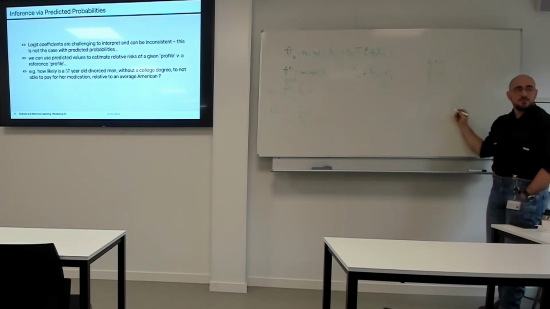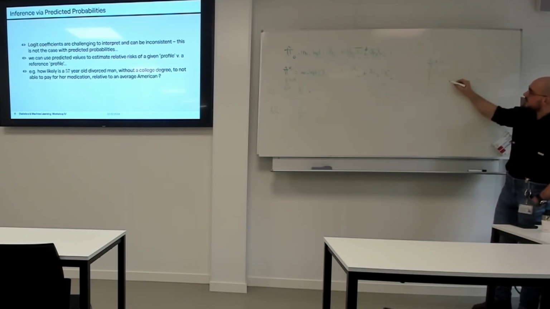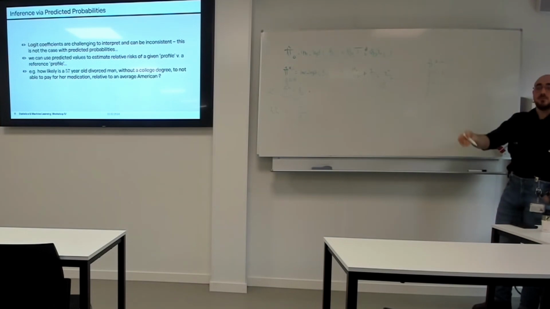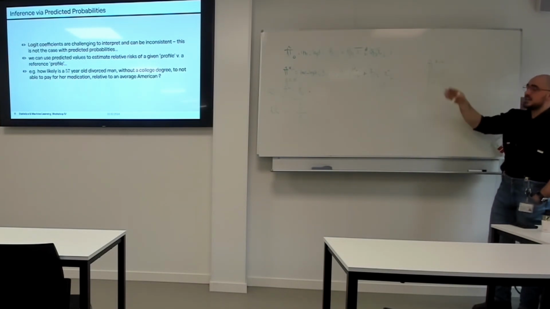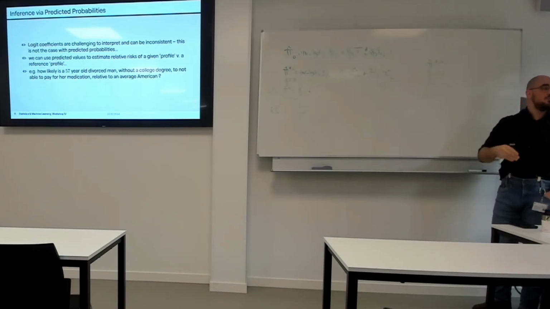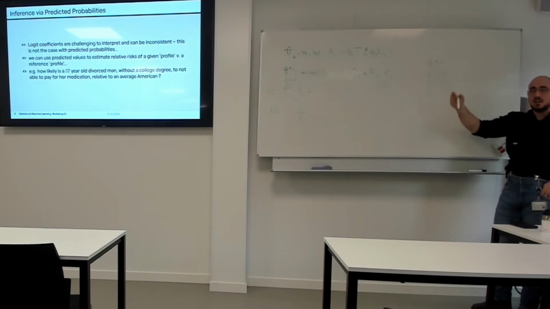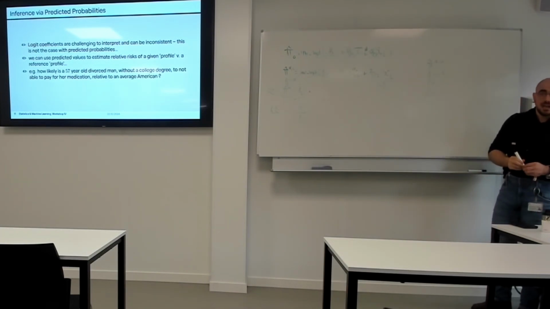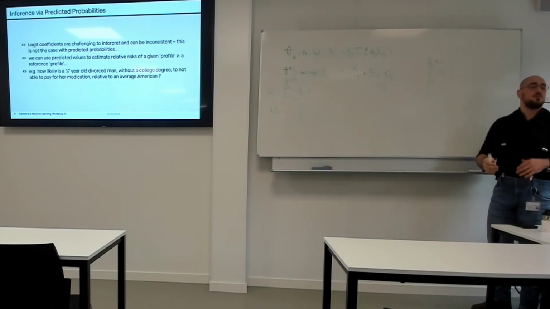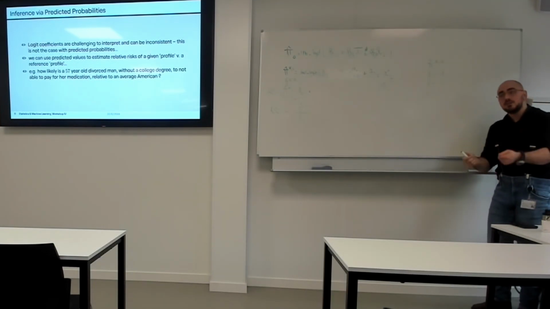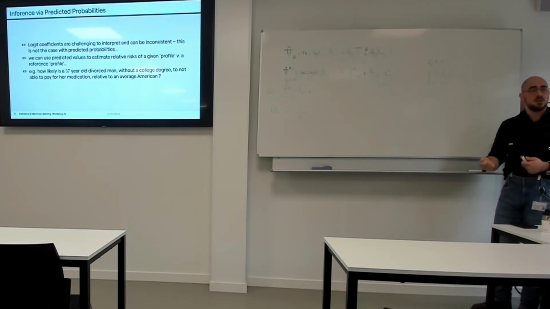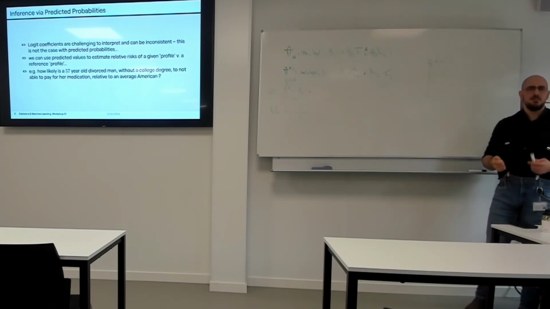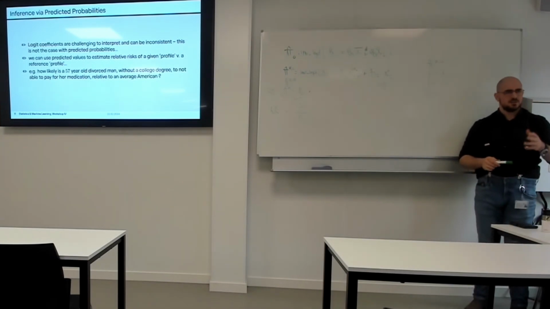And for each one of these, I can compare them to the average, right? And I can make inference. I can say, owning a gun when you are low educated increases your odds for voting for Trump by this much. Owning a gun when you're highly educated decreases your odds by this much, and so on and so forth. Does that make sense? Question, yeah?